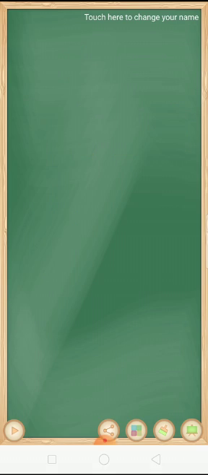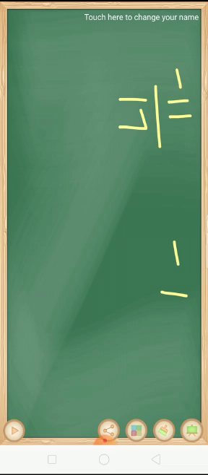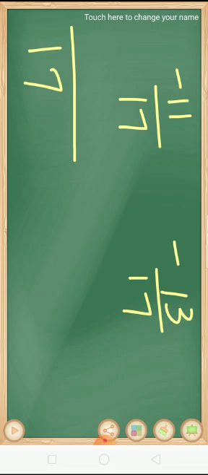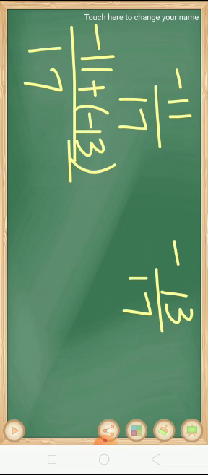Let us take one more example, minus 11 upon 17 and minus 13 upon 17. Again the denominator is the same, so we have to add the terms present in the numerator. Minus 11 plus minus 13, because the first term in the numerator is minus 11 and the second term is minus 13.